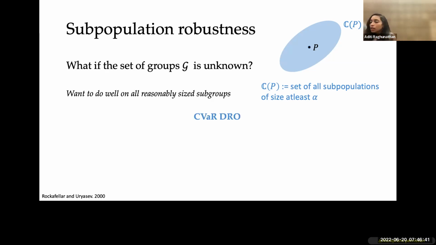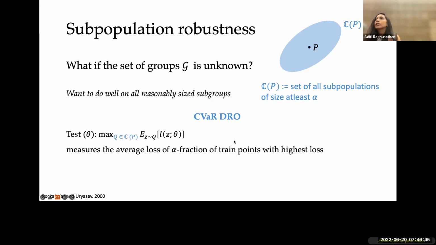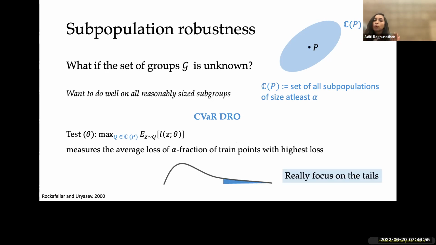So what this turns out to be is called the conditional value at risk DRO, where basically we take the alpha fraction of points that have the highest loss and say that that set has to actually be small. So what we don't want is a case where there's a really long tail, where most points are fine, but there's some subset that has a really high loss. We want to protect against this because the long tail could actually correspond to some latent group that we didn't know about.